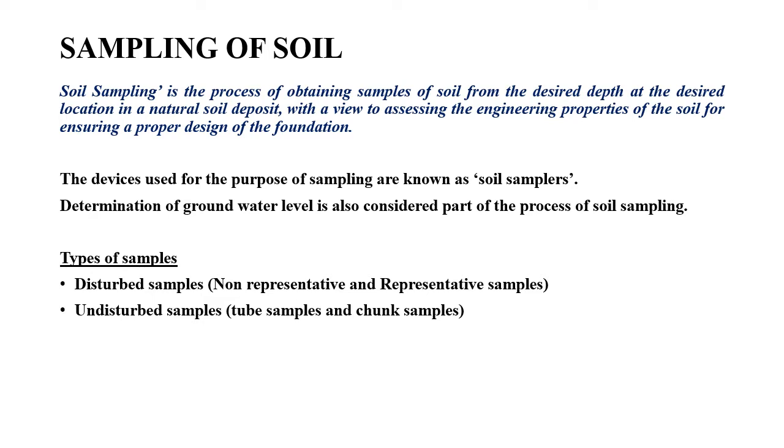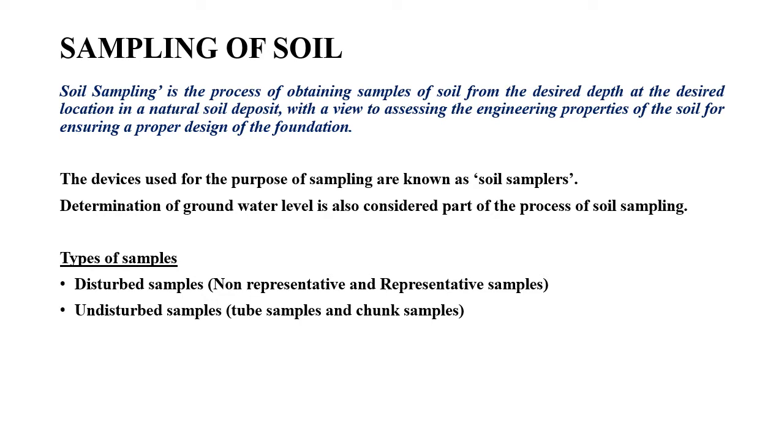And disturbed samples are those samples. In simple terms, we can differentiate between disturbed and undisturbed based on the natural structure of the soil sample. If the natural structure of the soil sample is disturbed due to the sampling operation or boring operation, then we call such samples disturbed samples.